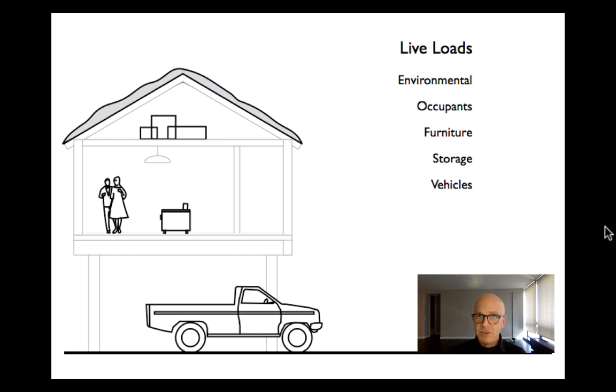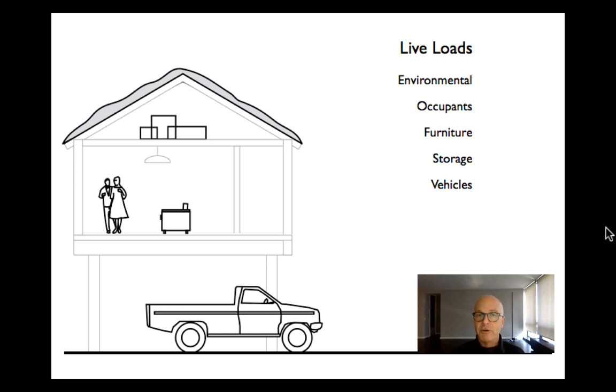And we'll very often do two separate calculations, one for the dead load itself, the weight of the building itself, to make sure that the building can support its own weight, and then another one where we'll go to the code or a reference book and look up the live load for the use that we're designing for. So for example, a library, believe it or not, will often have a much heavier live load than a house or a school or even an office building.